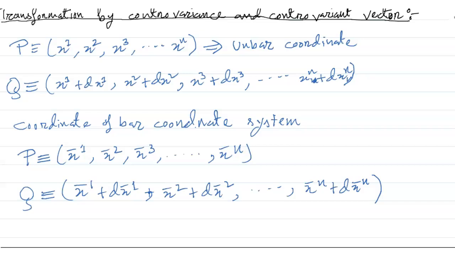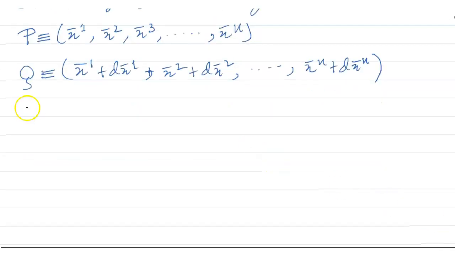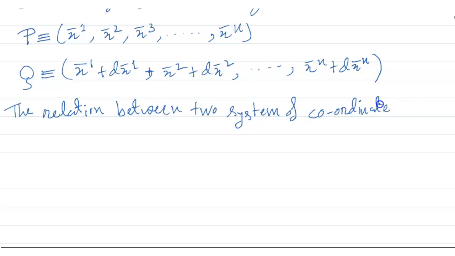And now the relation between two systems of coordinates, one barred and another unbarred: x bar superscript I is a function of x superscript 1, x superscript 2, x superscript 3, up to x superscript n.